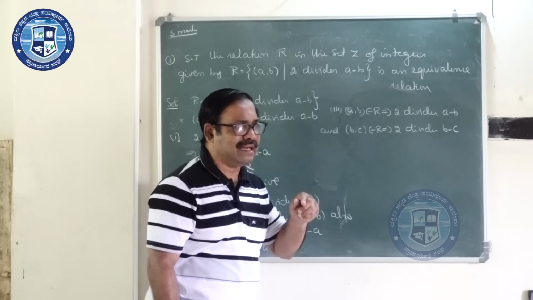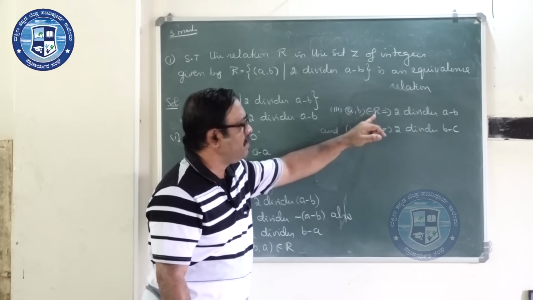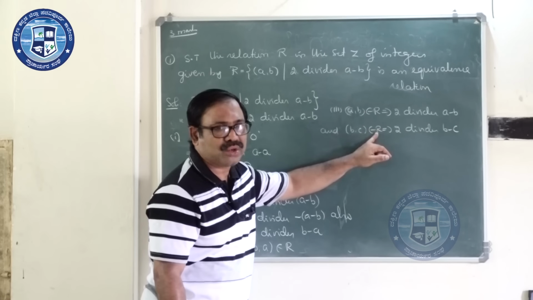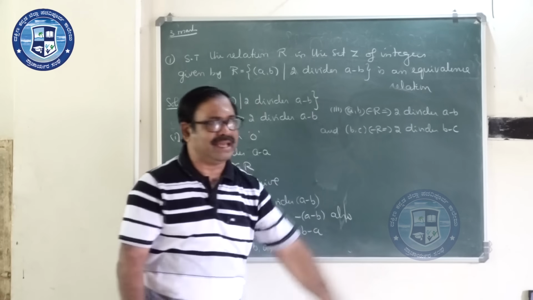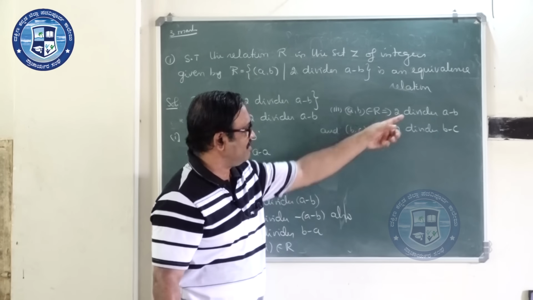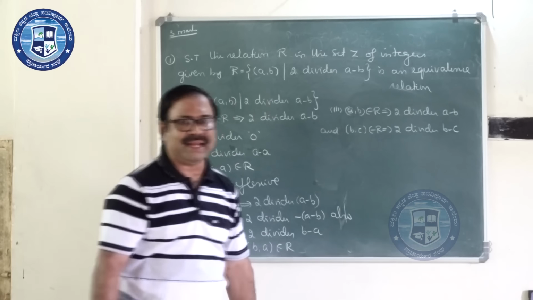What do you mean by transitive? Transitive, recall the definition. (A, B) belongs to R and (B, C) belongs to R, then (A, C) belongs to R. See, I am writing (A, B) belongs to R. Definition is there. (B, C) belongs to R, 2 divides B minus C.